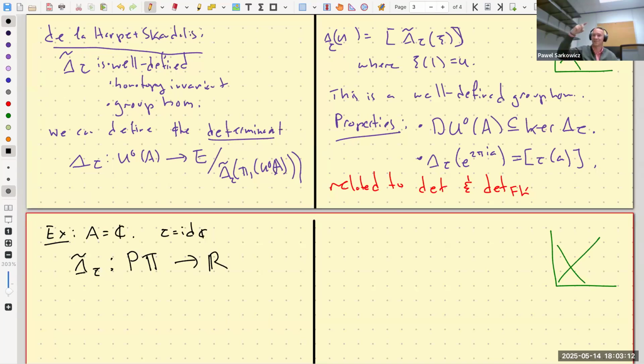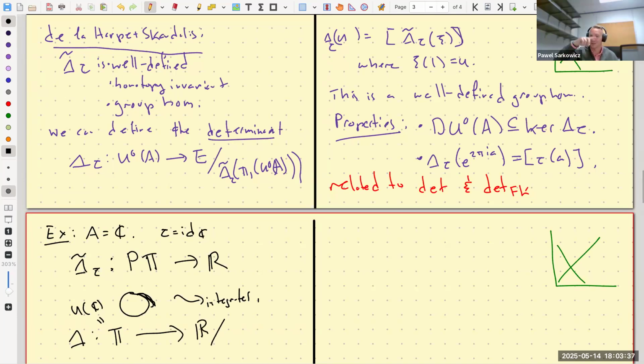And all it does is it picks something here, takes a line segment, and then integrates it. And then our determinant is from the unitary group of the complex numbers, and it goes to R mod this fundamental group of our unitary group, which is the circle. So we just get the integers, and we just get T again. And actually, this determinant is an isomorphism.